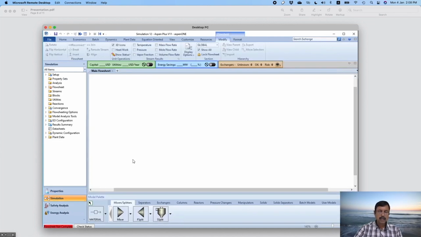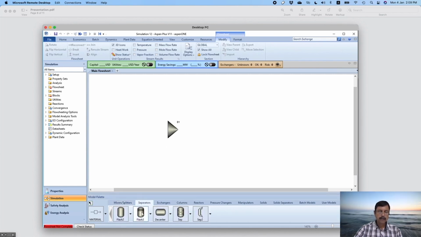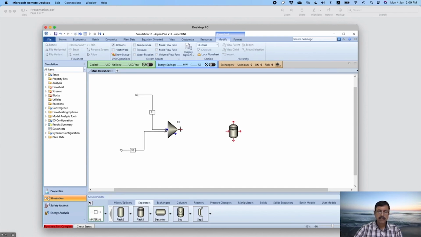So we need a mixer and flash 3. There are two material feeds, air and the other feed. This will go into the flash. It has a vapor, oil and liquid.